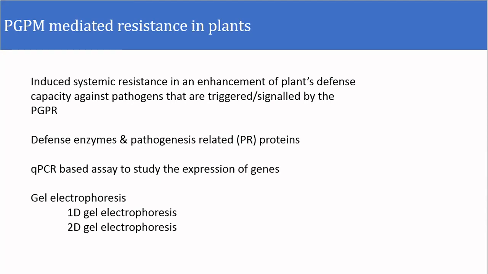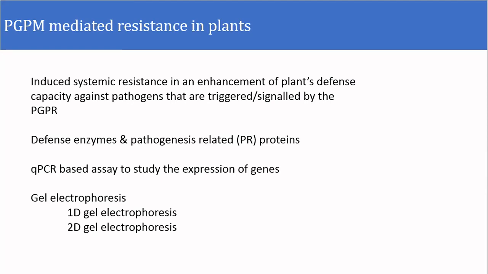So the plants and microbes communicate with each other, and they have specific interactions like PAMPs, pathogen-associated molecular patterns, and MAMPs, microbe-associated molecular patterns, and they talk to each other and trigger those defense mechanisms.